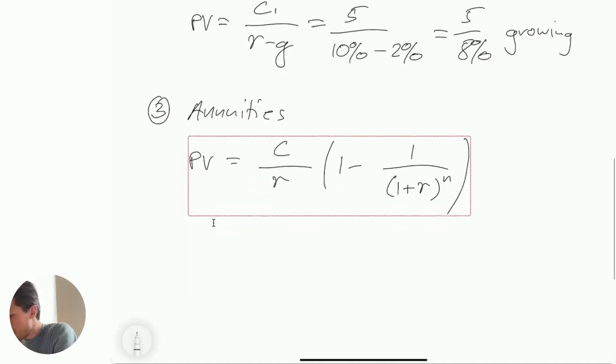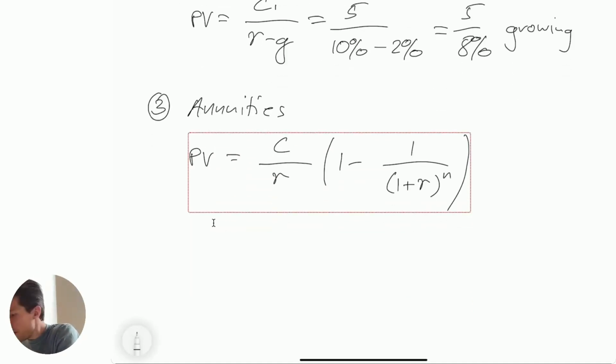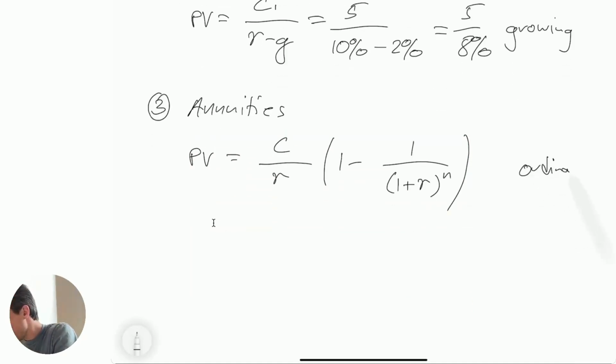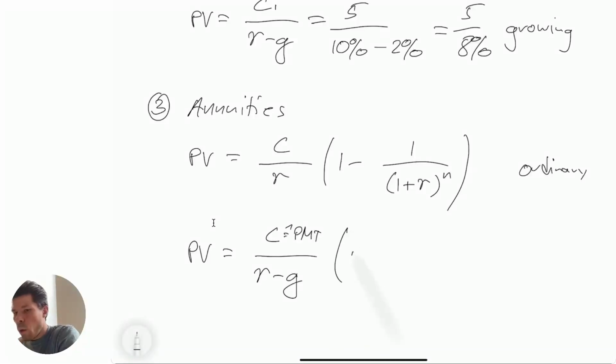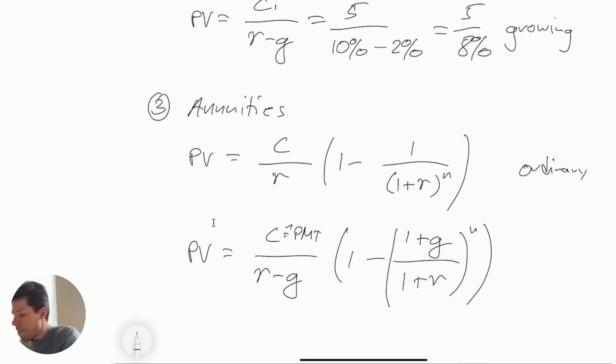I do 2 examples. This is again the ordinary annuity, and then we have the equivalent: PV equals C, cash flow or payment, divided by R minus G, similar to what we did before, times 1 minus 1 plus G divided by 1 plus R to the power of n.